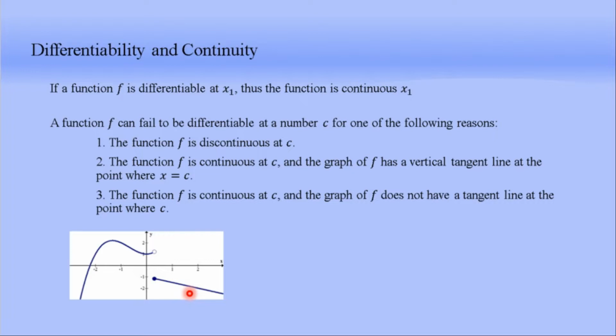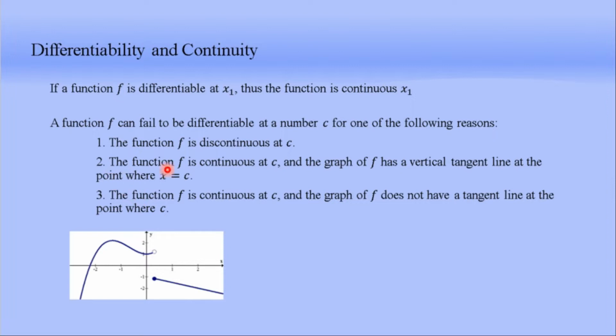Recall that to find the differentiability of a function, we use the limit. So if the limit does not exist, the function is not differentiable, or there is no derivative. In this case, this first graph is not continuous and therefore is not differentiable.